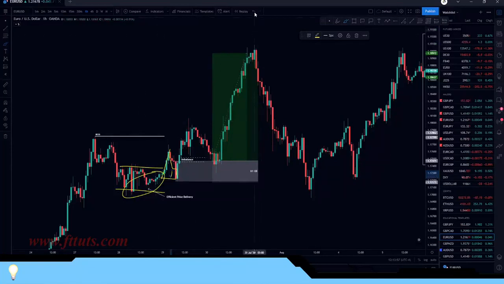And we can see that by looking left: anywhere below this area here, price delivery is quite efficient. So for price to continue to the upside, it's highly likely.